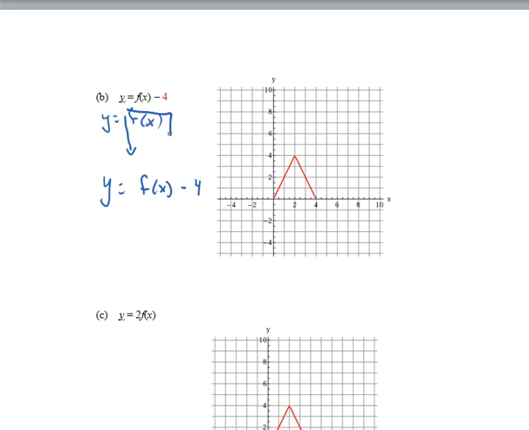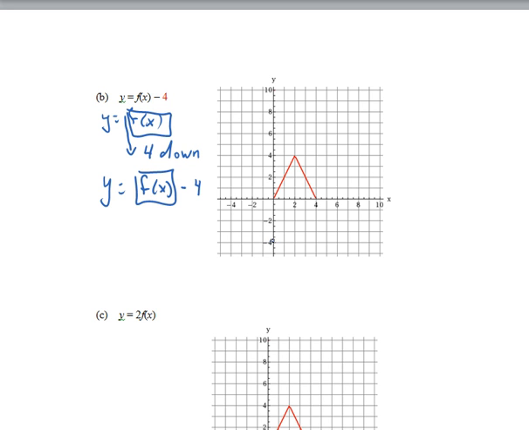We see that the f of x is intact in both. That means the changes are going to be in the y coordinates, and because we're taking each y coordinate and subtracting 4, we'll be going 4 down.